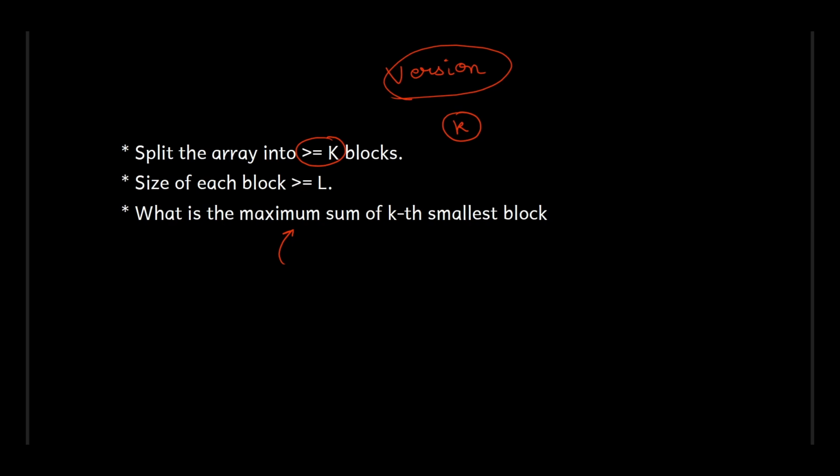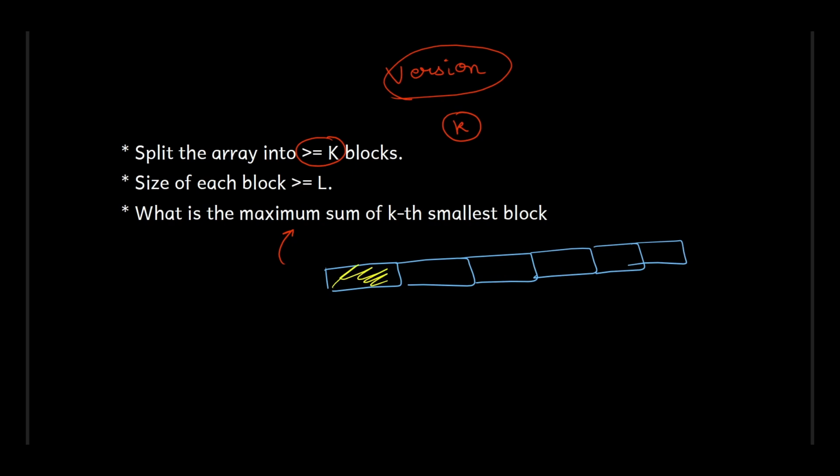This means that suppose you have partitioned your array like so. This is the first block, second block, third block, fourth block, and fifth block, and every block has its own sum, and so on. So you list down these sums S1, S2, S3, S4, S5 and S6, and you sort them.